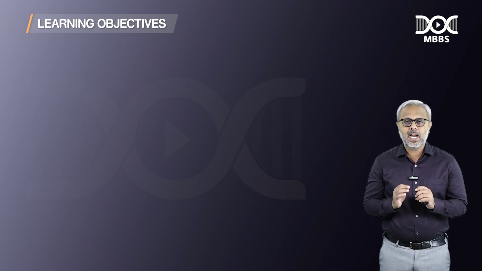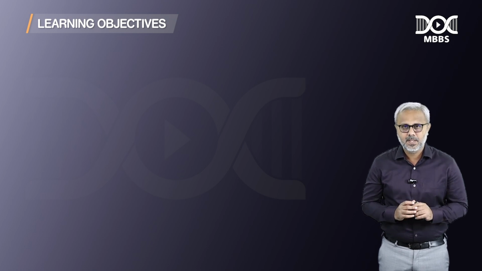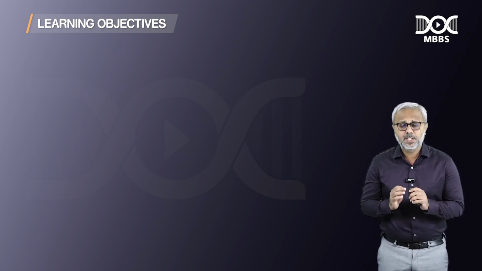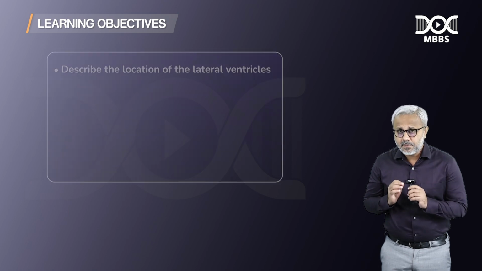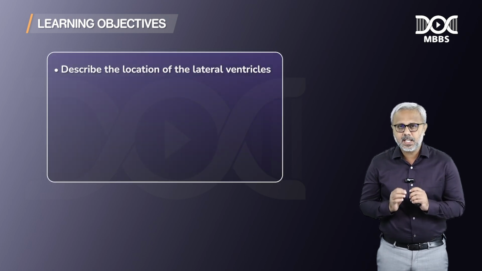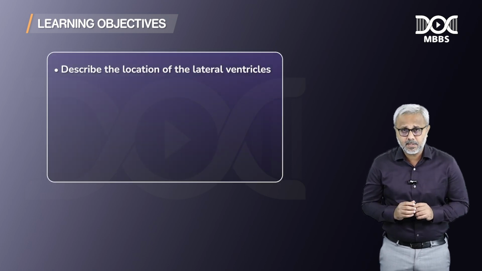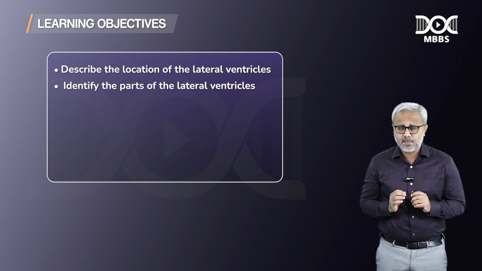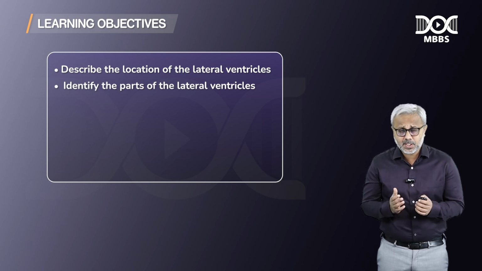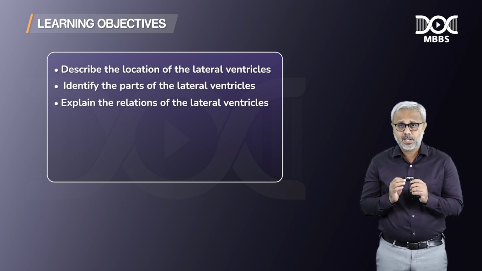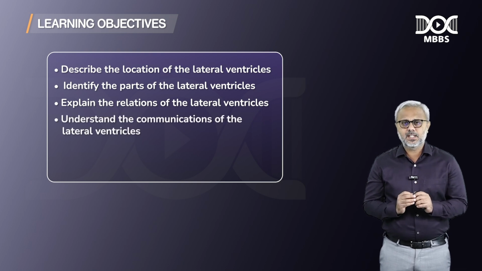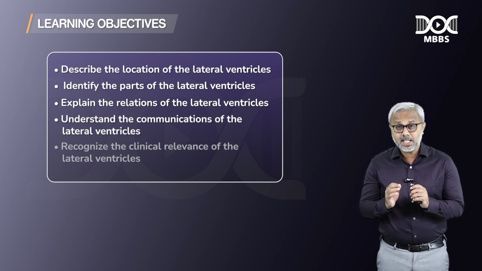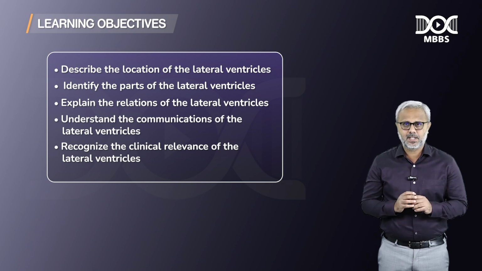In this session, we will focus on the anatomy of the lateral ventricles of the brain. Now, the learning objectives for this session will be, first we'll try to describe where exactly the lateral ventricle is located, what the parts of the lateral ventricle are, what important structures the lateral ventricle is related to, and what the communications of the lateral ventricle are, and then we'll talk about the clinical anatomy associated with the lateral ventricle.